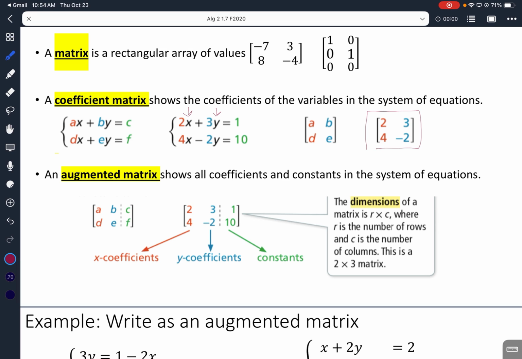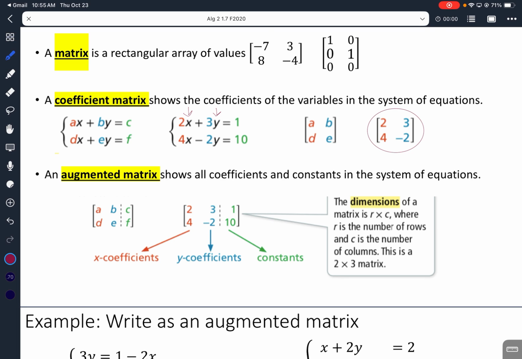Do you see that? That's all that's in there. That is a coefficient matrix.